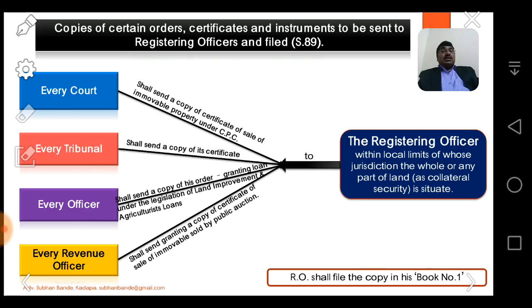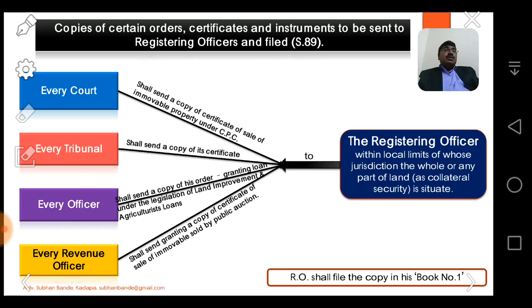If a party other than the decree holder comes and presents certain instruments for registration, the registering officer may refuse to register such document based upon the certificate of sale of immovable property issued by the court in favor of the decree holder. It gives certain protection.